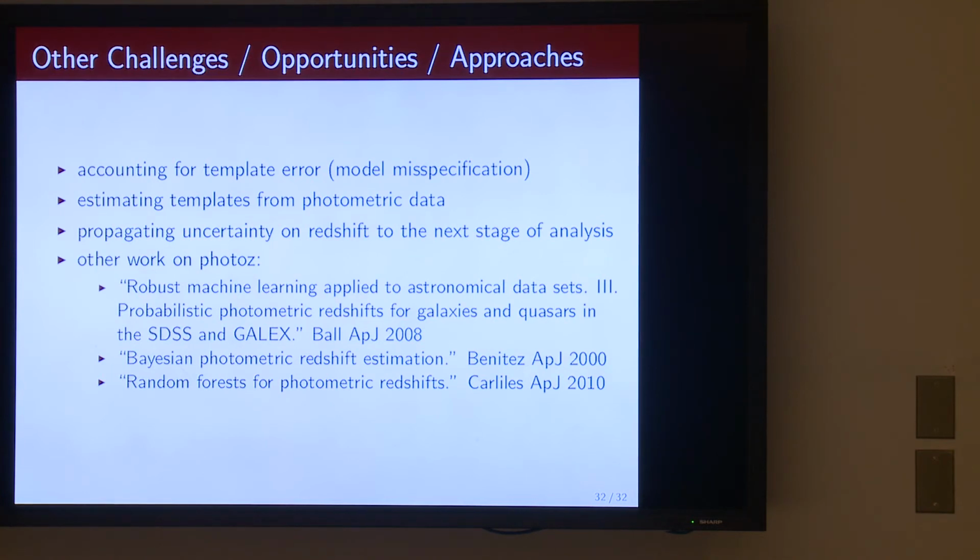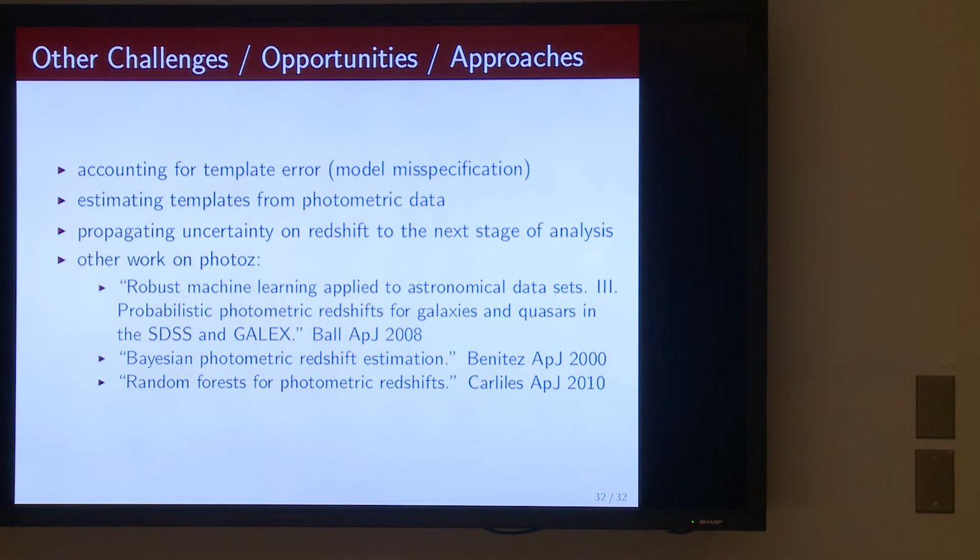You can actually use the given photometric data you have to build up templates, and potentially those templates are more accurate for the data that you have since you're building them from your data. And then I didn't talk so much about propagating uncertainty on redshift, but in EAZY, they work the non-negative matrix factorization and non-negative least squares into a Bayesian model, and that model allows them to get posteriors on redshift.